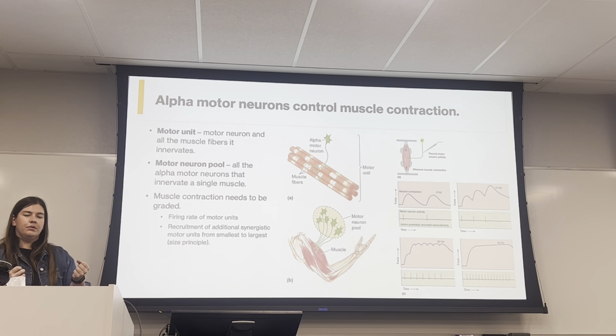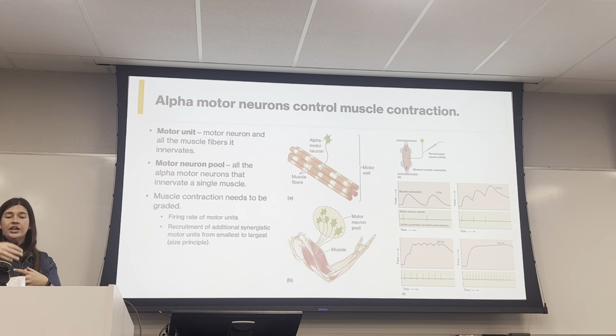If you know about actin and myosin and tropomyosin, which you may learn about in physiology, that's what causes contraction. But ultimately it is initiated by the neural signal coming from the alpha motor neuron.